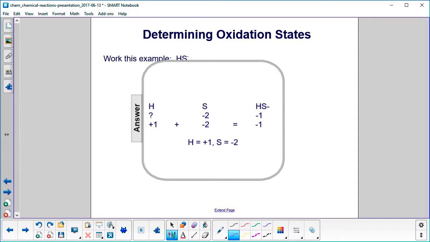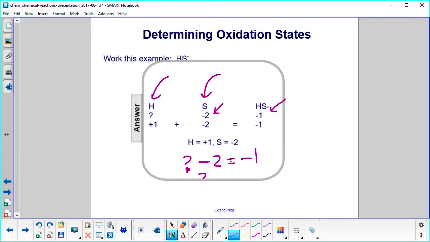Let's see what we did here. We wrote hydrogen, we wrote sulfur, and the first thing we do is find the valence from the periodic table for the anion, which is sulfur, which is -2. And then HS minus, the bisulfide, has a charge of -1. So now we have to just do a little math here, and we know that the hydrogen oxidation state plus -2 for the sulfur has to equal -1.